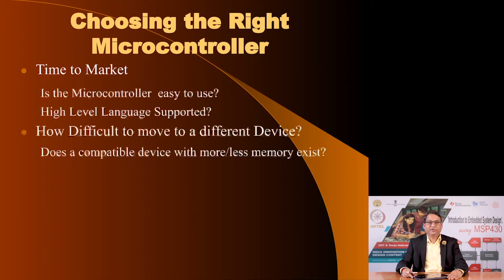Then you must find out whether there are other compatible devices with more memory or different features that you may require, and you want to retain that family, meaning you do not want to find a completely new device, because then it would waste the development process and time that you have spent till now. So, you would want to reuse it, simply switch over to a new device, and therefore, it is very important to know what is the ecosystem of parts, the variety of parts that are available in a given family. Again, this will be useful to meet the time to market objective.